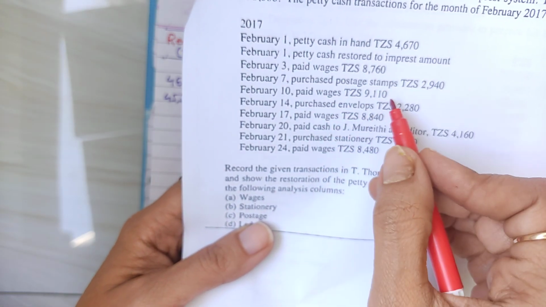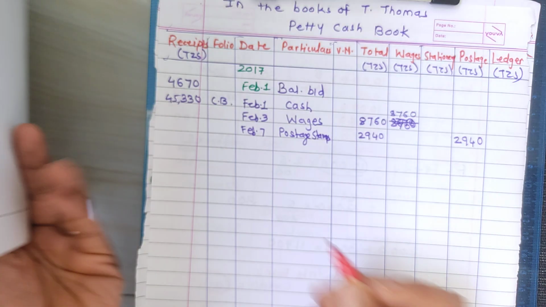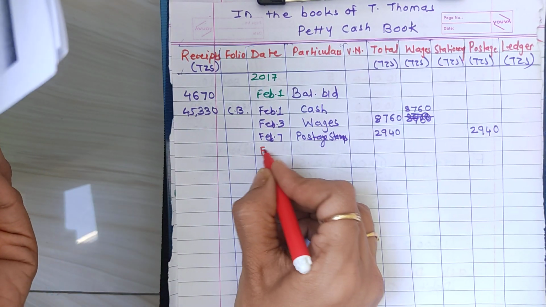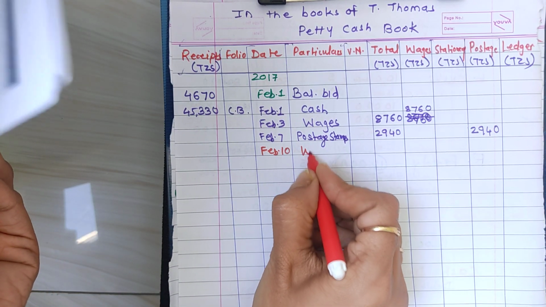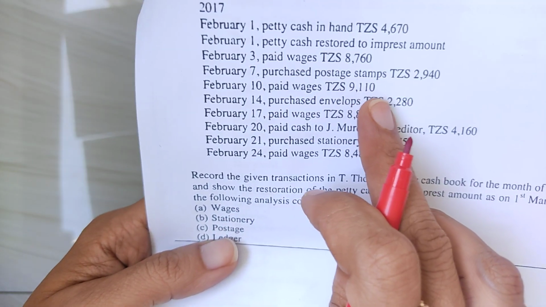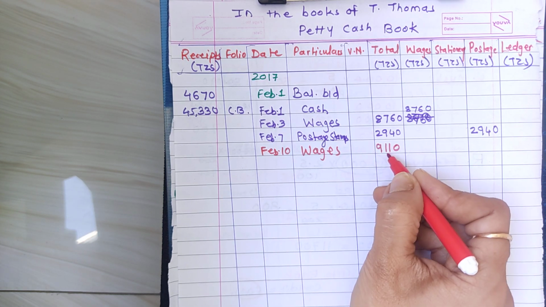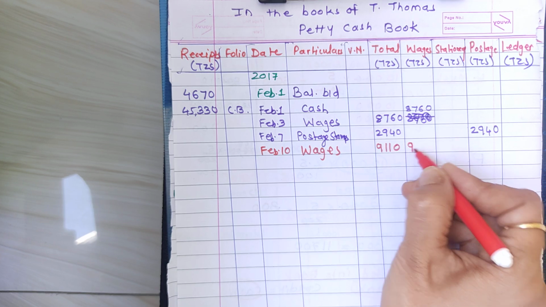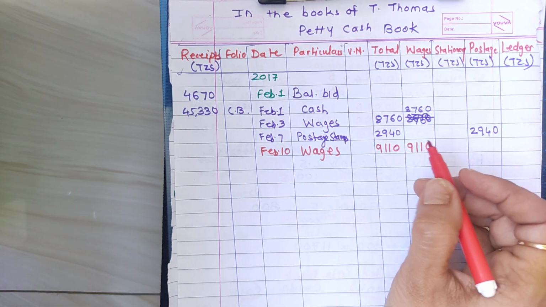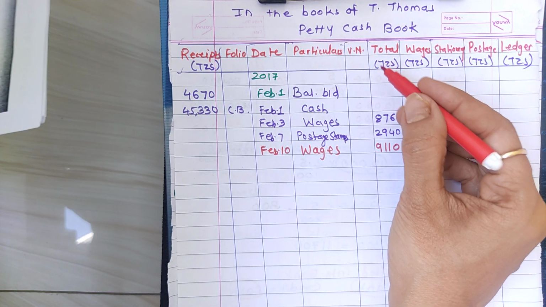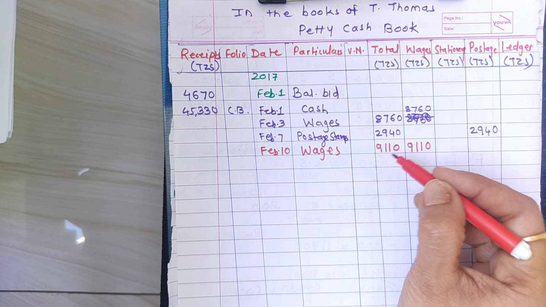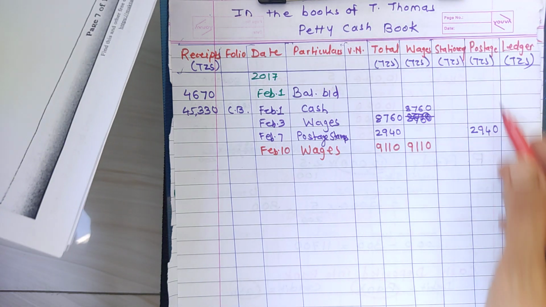Now the next one, again paid wages on Feb 10. So write down Feb 10 for wages. How much is it? 9110. So once you will write down first in the total column, then in the wages column. So the amount you have to write down 2 times. All amount will go in the total column and the second time in the respective column.